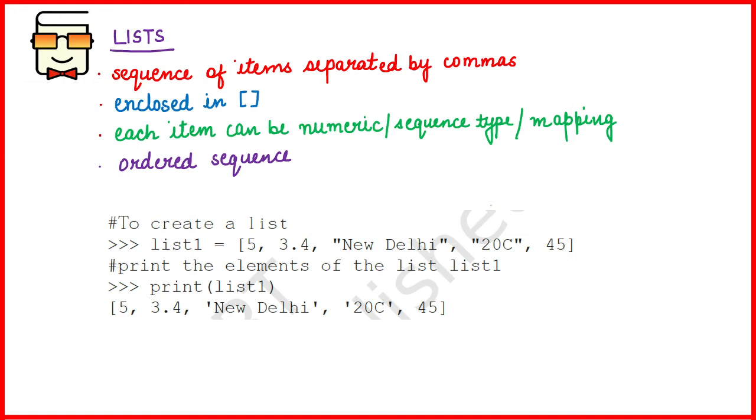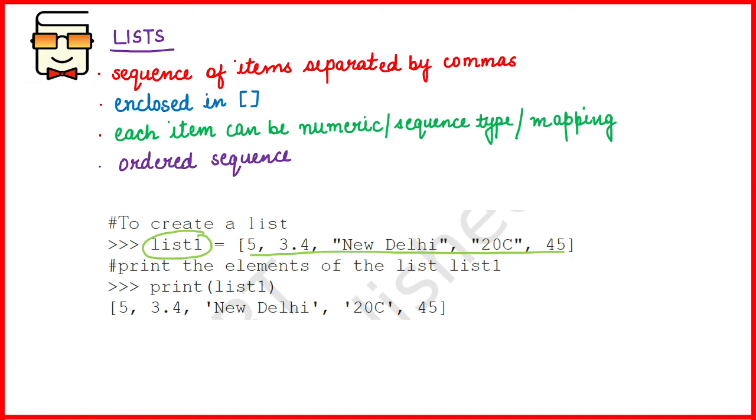In the string data type, the collection of characters was not separated by commas, but here, as you can see in the example, we have defined a list with the name list1, and these are the collection of items present within the list, and each item is separated from the other with the help of a comma, and the entire collection of items is enclosed within rectangular brackets, and that is how the Python interpreter knows that this particular item is a list.